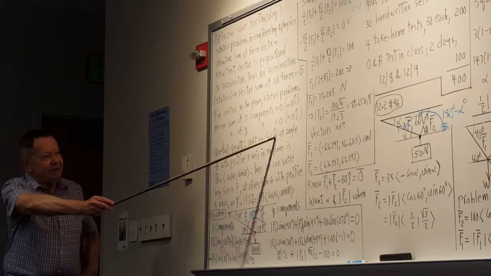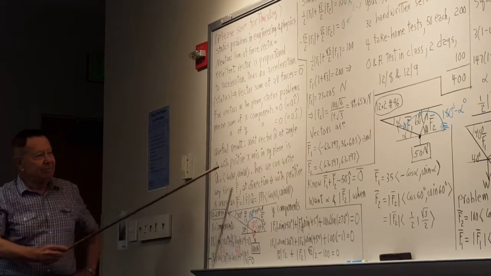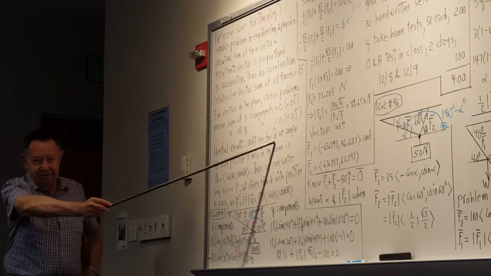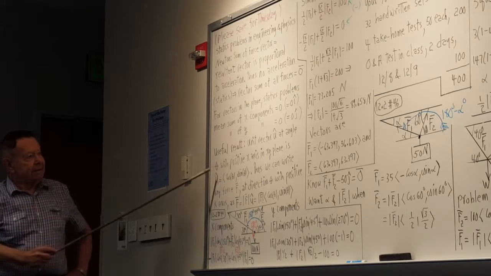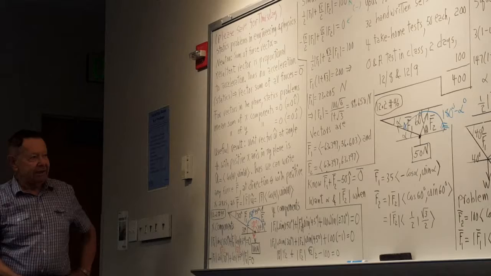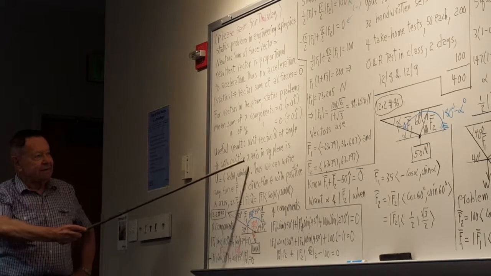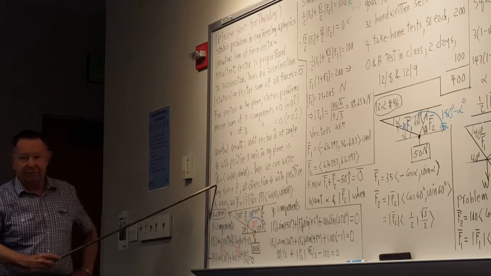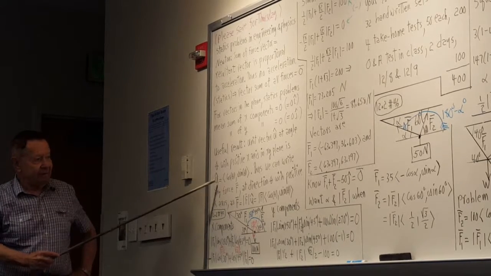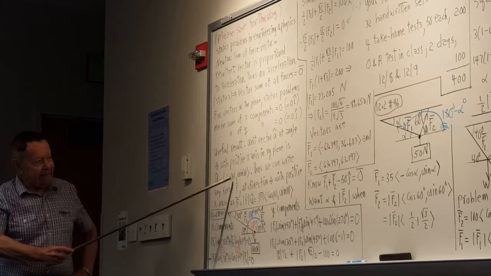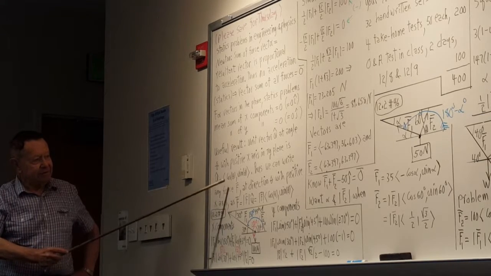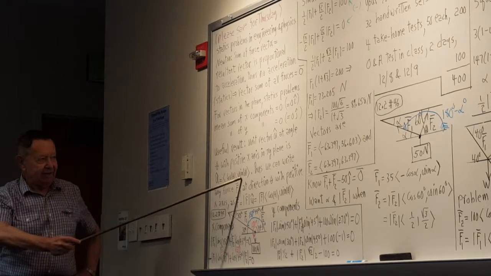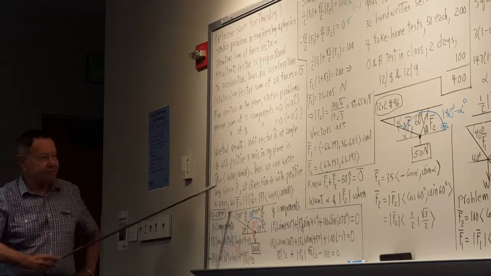If you have a unit vector, u, remember the little hat on it means its length is 1, at an angle theta with the positive x-axis, then the way you can always represent a unit vector at an angle theta is cosine theta for your x component, sine theta for your y component.